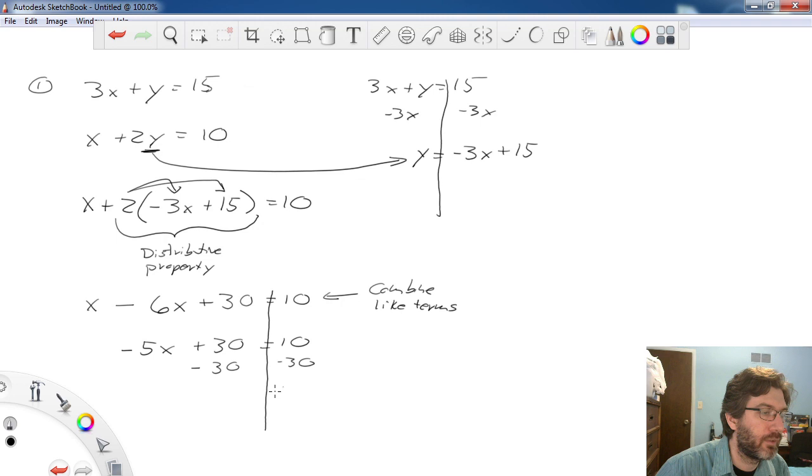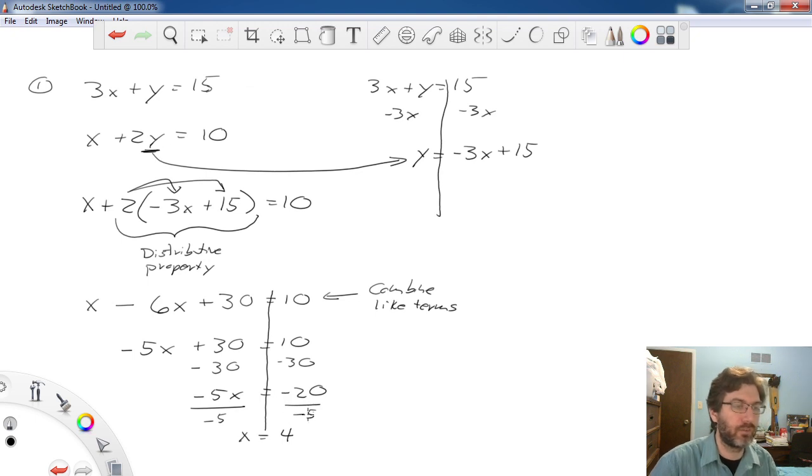Over here we get 10 minus 30, which gives us negative 20. And negative 5x equals negative 20. Divide each by negative 5. You're going to get x equals positive 4, because a negative divided by a negative gives you a positive. So I know that my x value is positive 4.